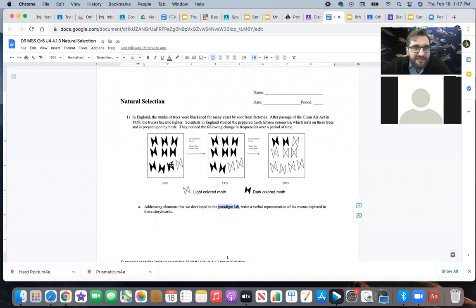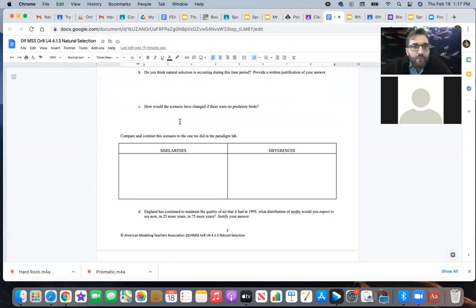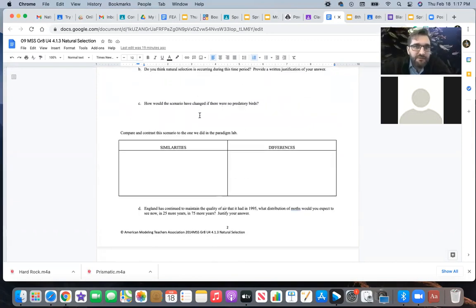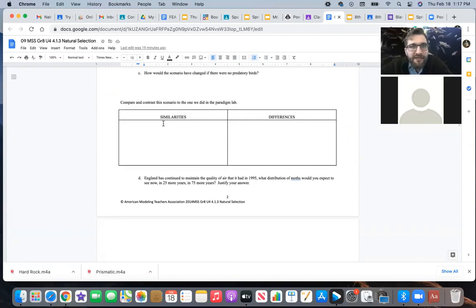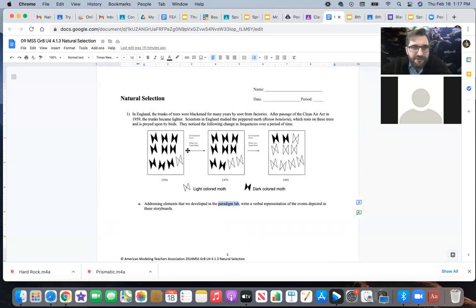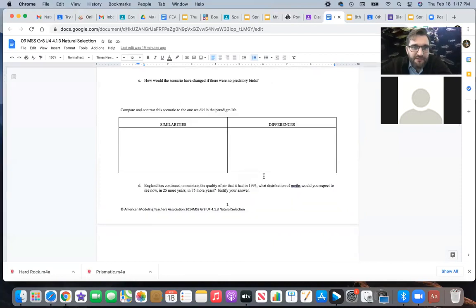So in this scenario, read what it talks about as far as predators in here, and then would this scenario have played out the same if there were not any predators in the environment? And then the next portion here is comparing our fit fishes lab, similarities between the fit fishes lab and differences between the fit fishes lab comparative to the peppered moth activity here.